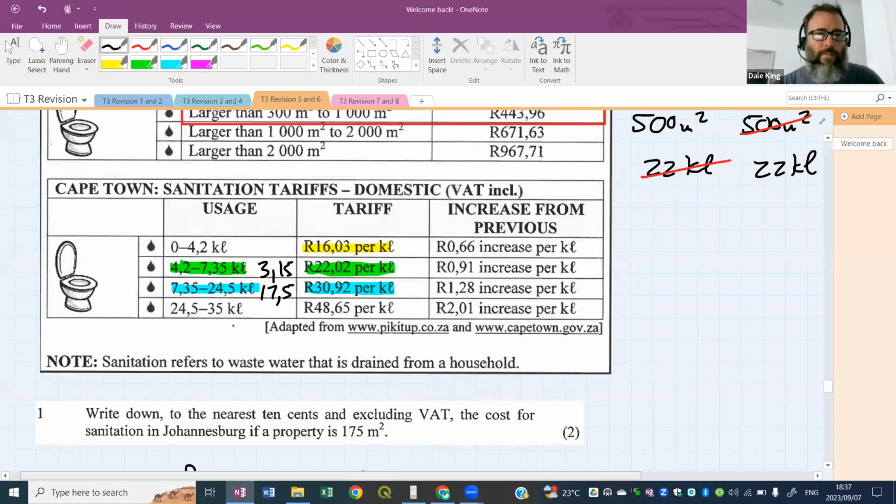So do you advise that during the exam or test, we just calculate it before we start with the question? Yeah, or you can look at the question. We had 22 kiloliters in this question, so I know I'm not going to go through the third bracket because that goes up to 24. So I'm only going to do it for the first two brackets.